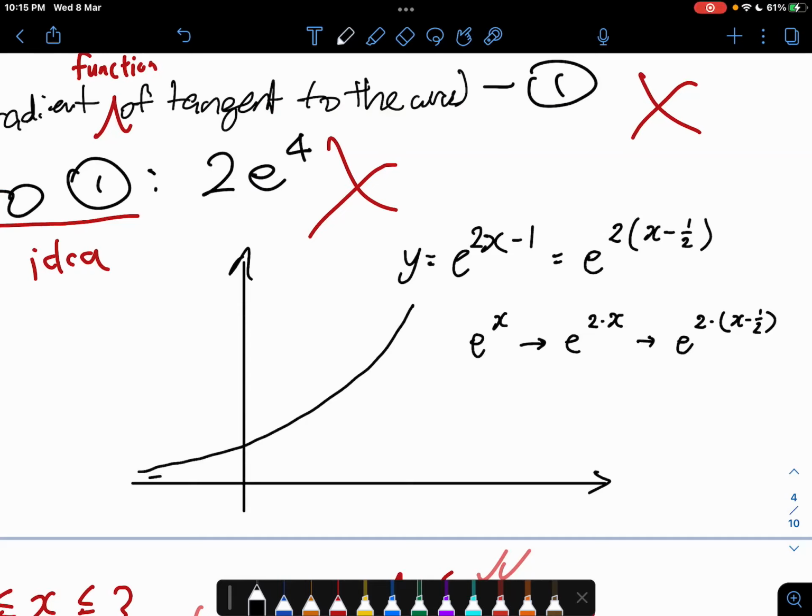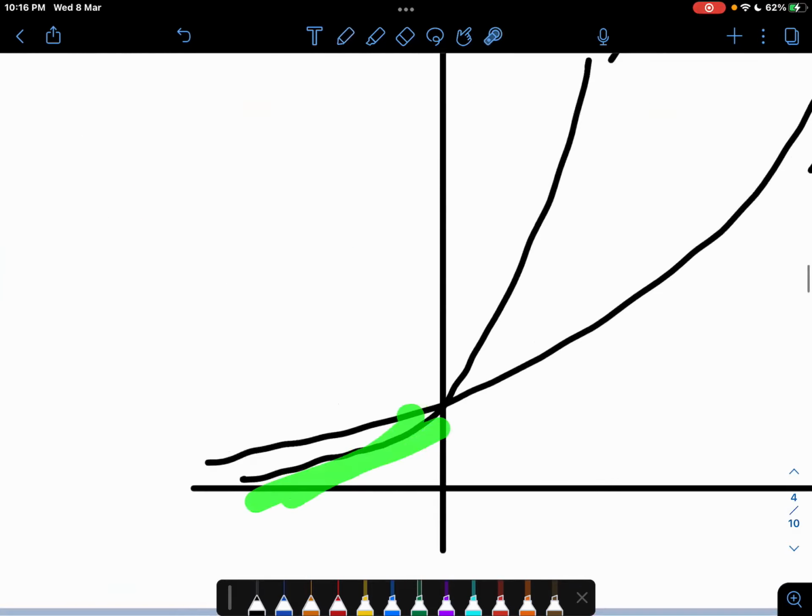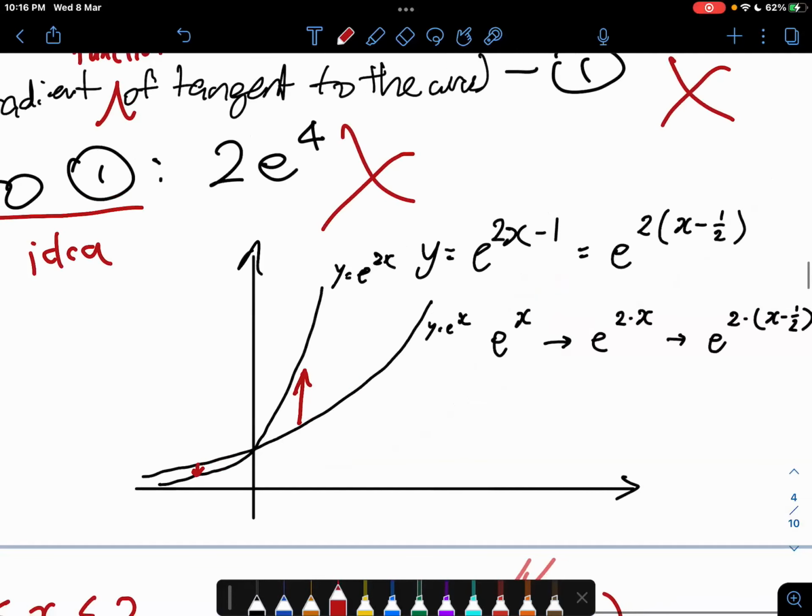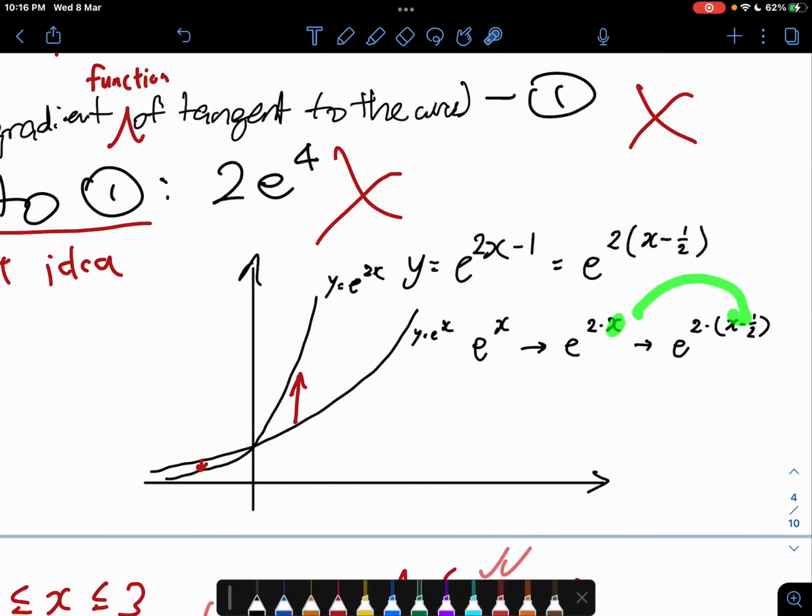Afterwards you have e power 2x, which is steeper. Technically it goes above and it goes below. Then when you replace x with x minus half, you shift the graph half a unit towards the right.